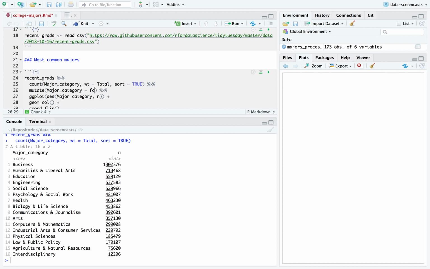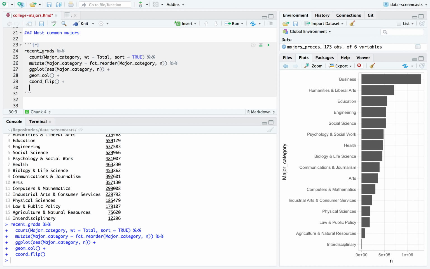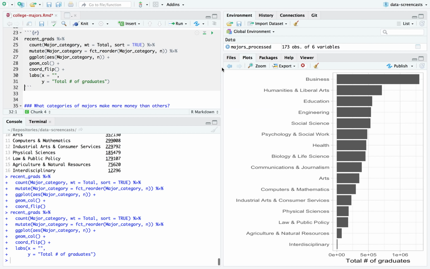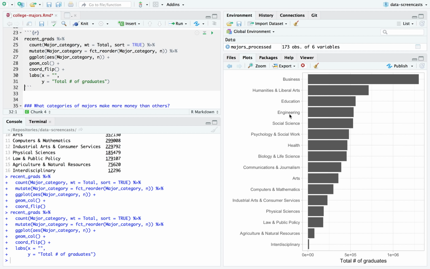Always be doing fct_reorder to reorder your major category by your N. N is a terrible name, so I'm actually going to go about saying number of total graduates. Ideally, I'd go back to the data and look at is this in 1 year? Is this in whatever?